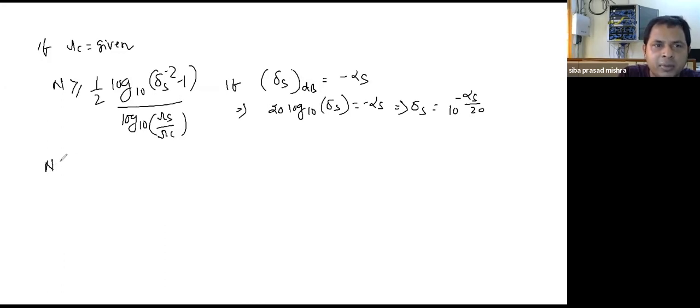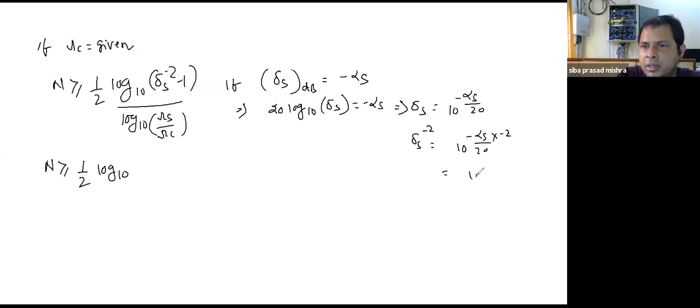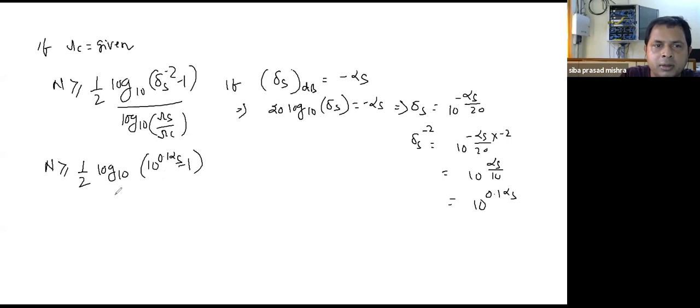Then what will you get? N is greater than or equal to 1 by 2 log 10 of del s to the power minus 2, which is 10 to the power minus alpha s by 20 multiplied by minus 2, that is 10 to the power alpha s by 10, that is 10 to the power 0.1 alpha s, minus 1, divided by log 10 of omega s by omega c.